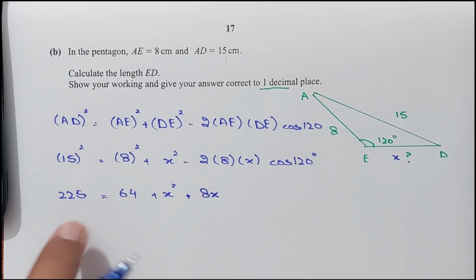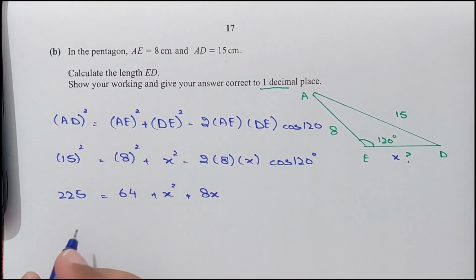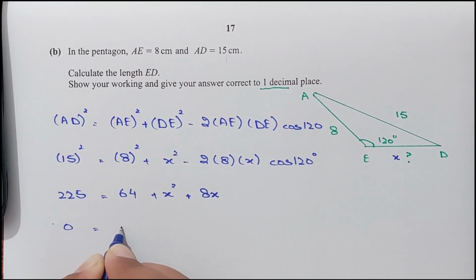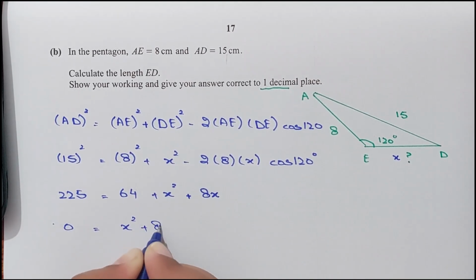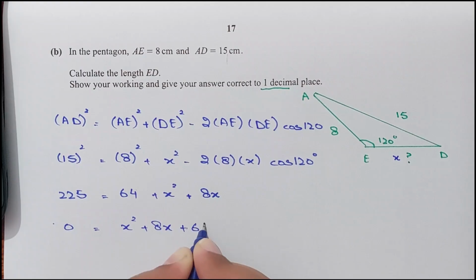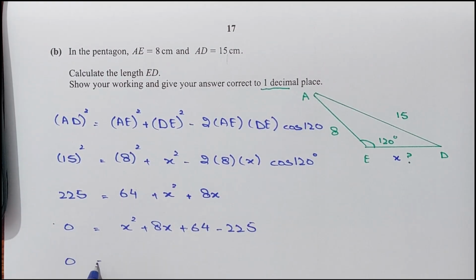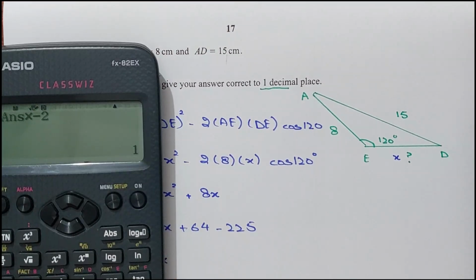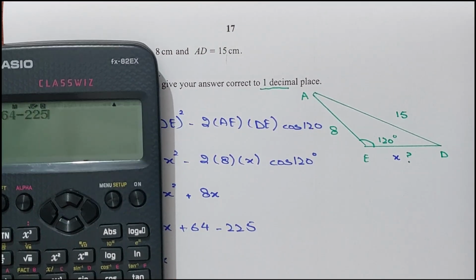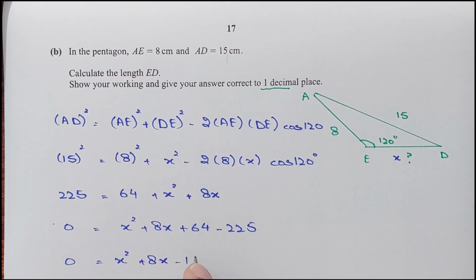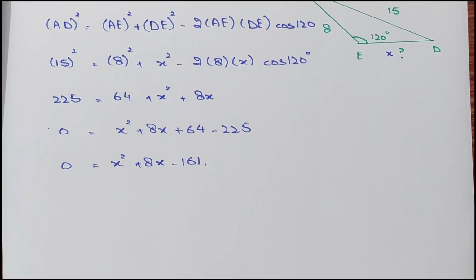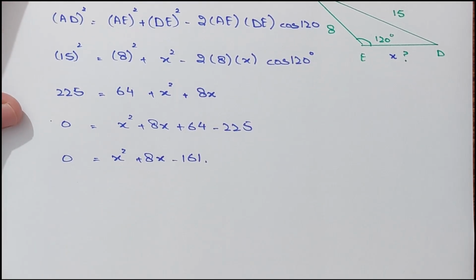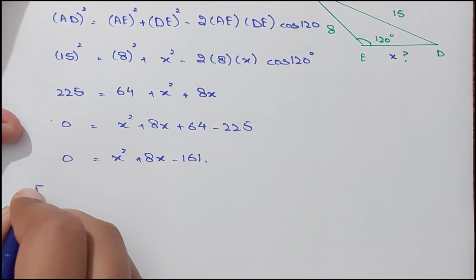Shifting this term to the other side, 0 equals x squared plus 8x plus 64 minus 225. So 0 equals x squared plus 8x, 64 take away 225 is minus 161. Let me factorize this. The x has to be calculated to one decimal place.